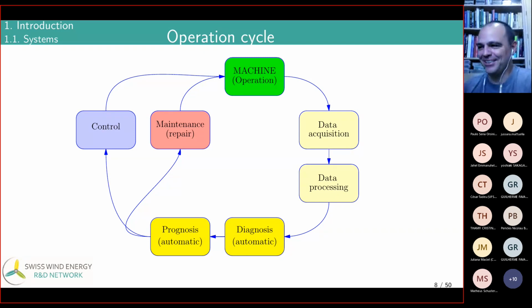We need to do some diagnosis and prognosis. Okay, we need to do that to then decide about maintenance and decide about control. So this is a cycle where I am introducing control because most people just talk only about maintenance, but I think about control too. And at the end of the presentation, we talk a little bit more about that.